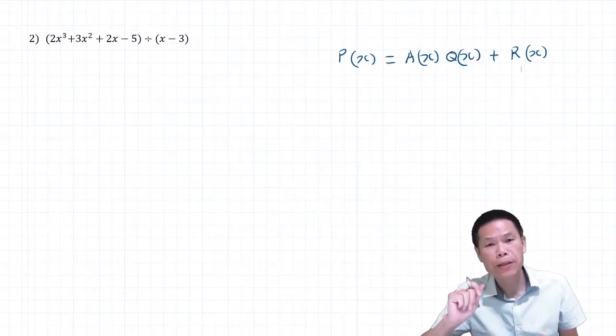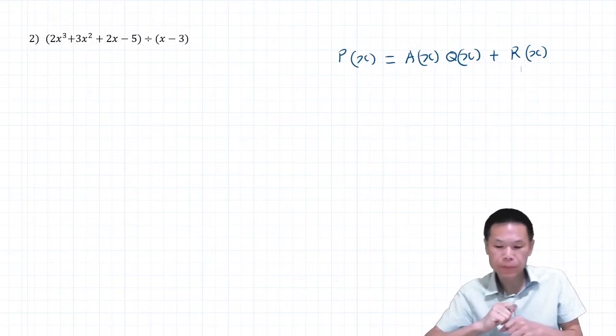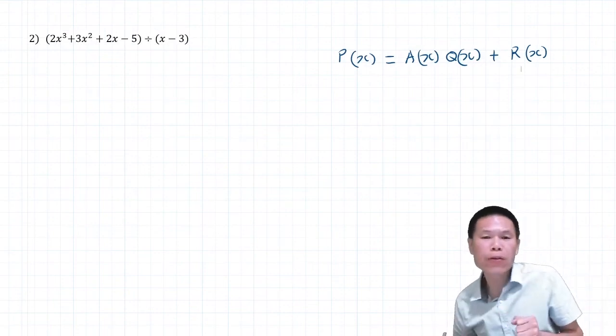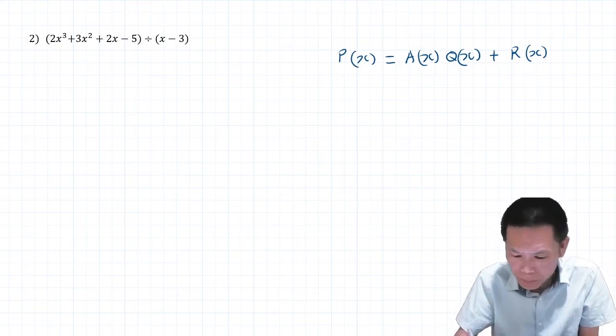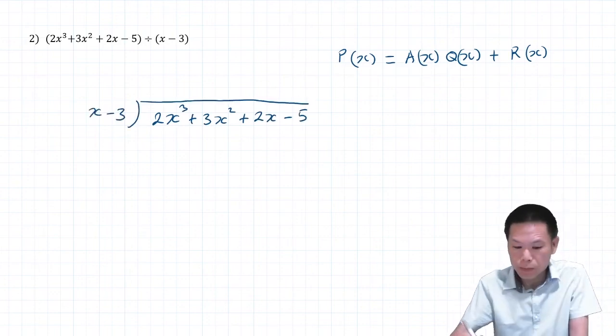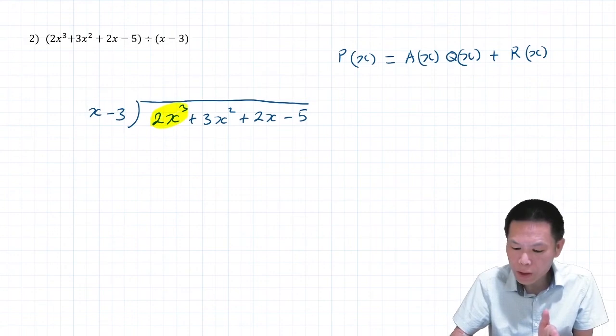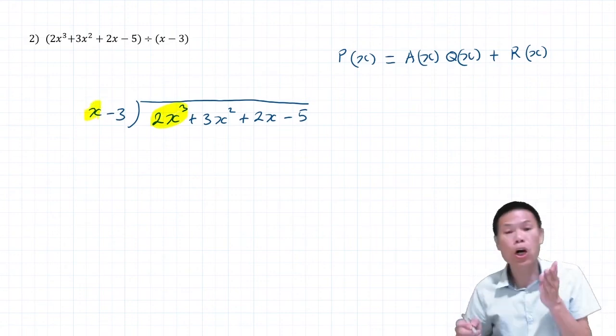Hi, I'm back. So how did you go? Let's go through it together, okay? So first of all, let me write out the question first. Now, step number 1, remember, we need to focus on 2x to the power of 3 and x only.